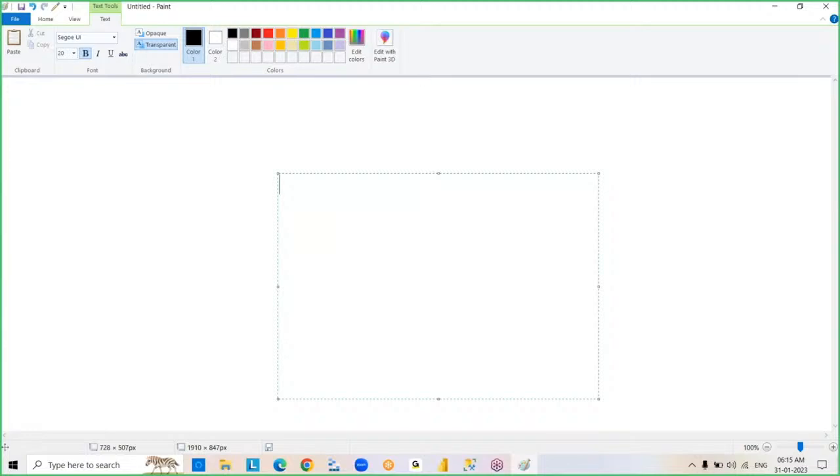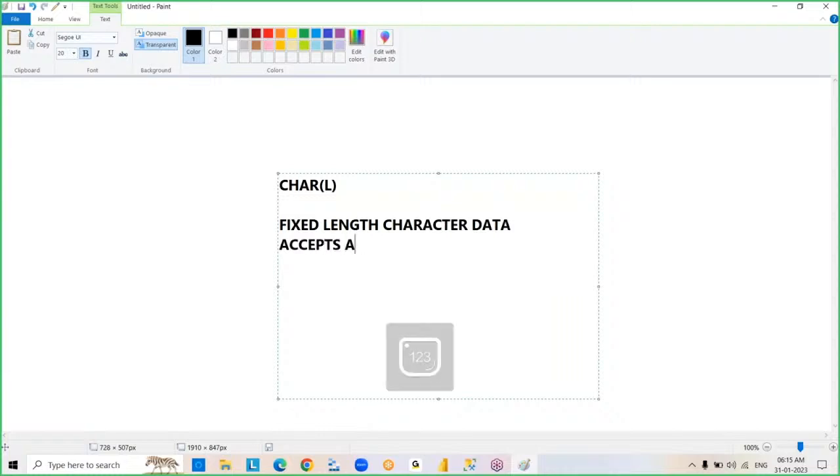Next step, we are going to work with character data. So char of length. This is known as fixed length character data. In the same way, it accepts alphanumeric data.